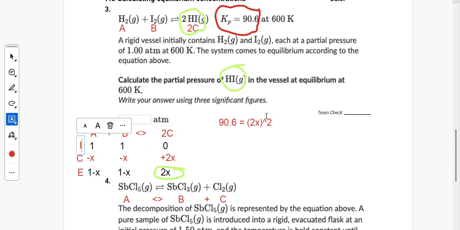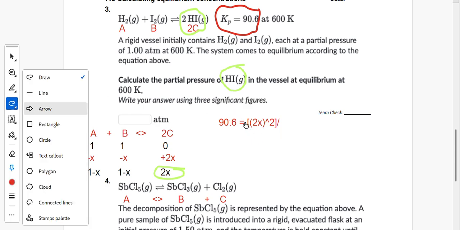Over, and, like I said, I don't really have a good way to show this. Divided by, and so I'll put it down here on the bottom so that you guys can see that. There should be a line there. Oh, I could just draw a line. Why don't I just draw one for you to make that a little clearer?